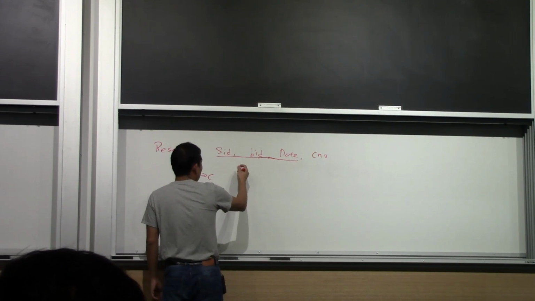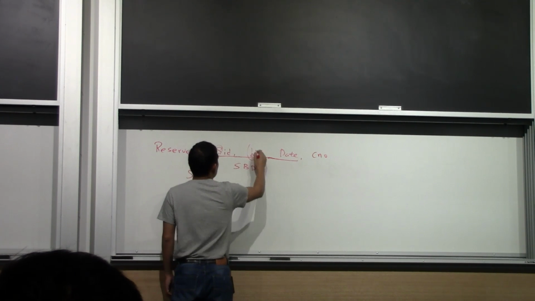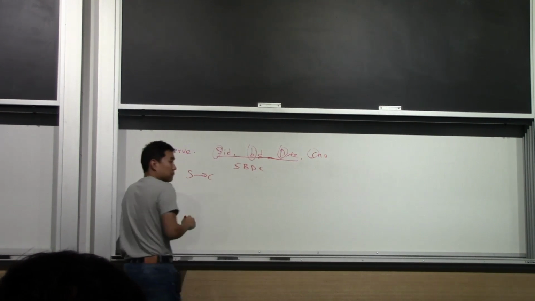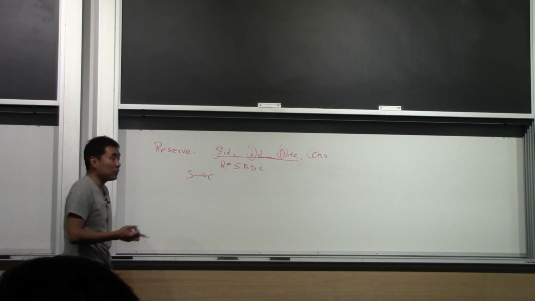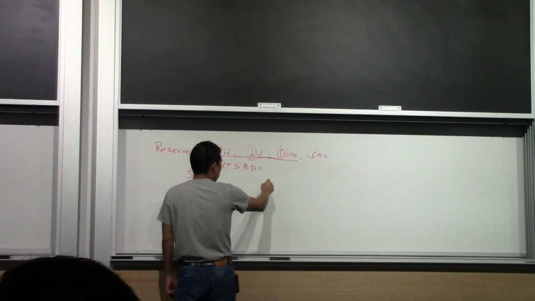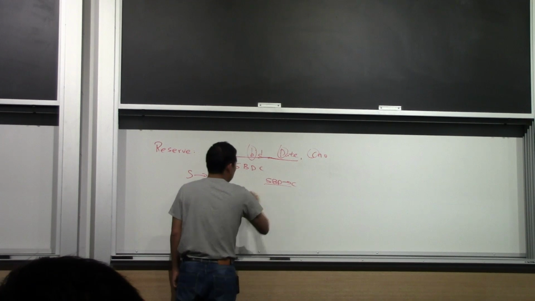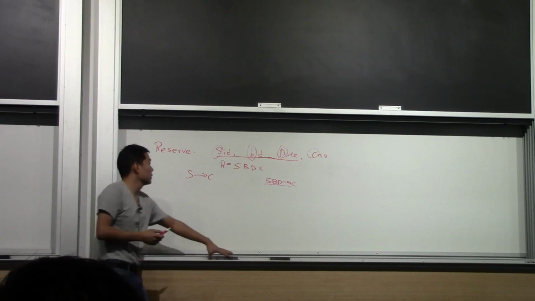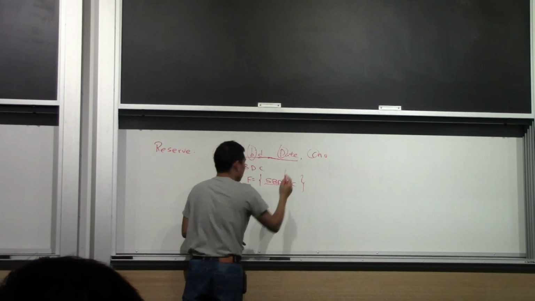I'm going to represent this table using S, B, D, C, the first letter of each attribute. So that's my R. Obviously, by the fact that this is the primary key, I know there's a functional dependency, which is this. Does that make sense? So my functional dependency set initially is just this.